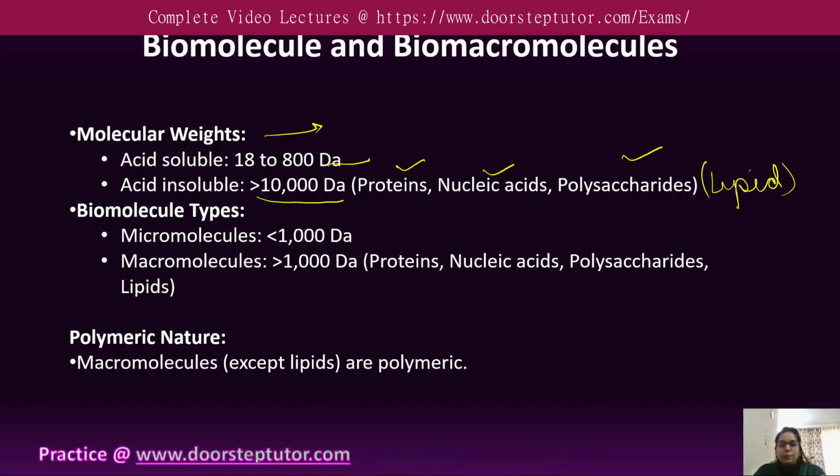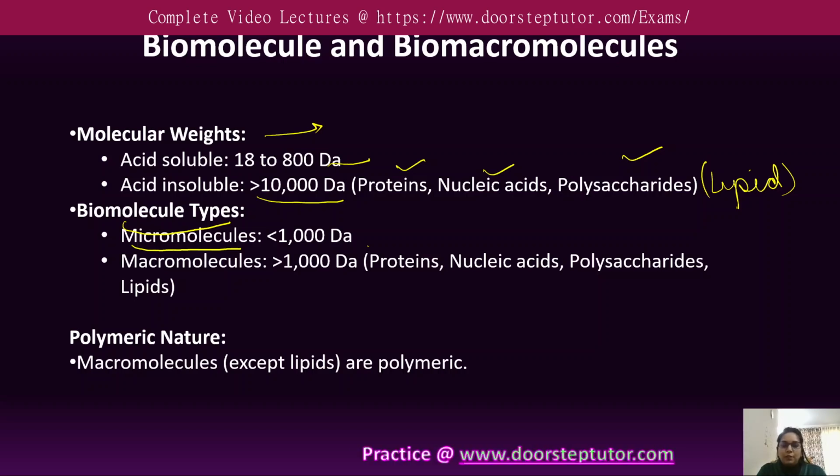On the basis of molecular weight, there are two types of biomolecules. One is the micromolecules, whose molecular weight is less than 1000.